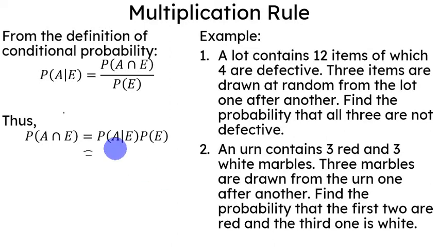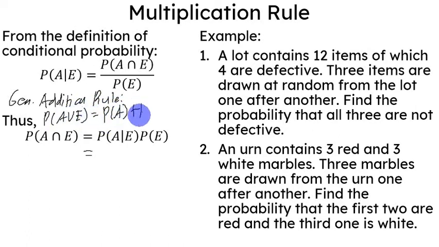If we remember our general addition rule, the probability of the union of two events, let me use A and E, would be equal to the probability of A happening plus the probability of E happening minus the probability of A and E happening. Then through this formula, we would just transpose to find the formula for the probability of A and E.